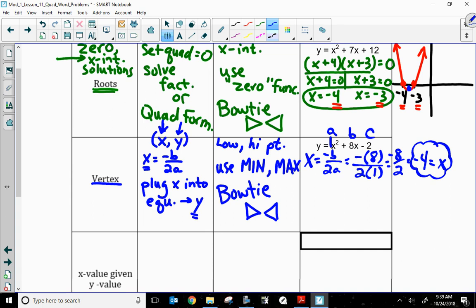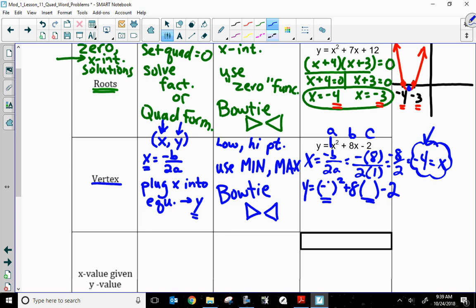Now, how do I find the y value? I simply plug that in. Y equals x squared plus 8 times x, minus 2. Mr. Visca likes to put parentheses wherever I'm inputting my value.